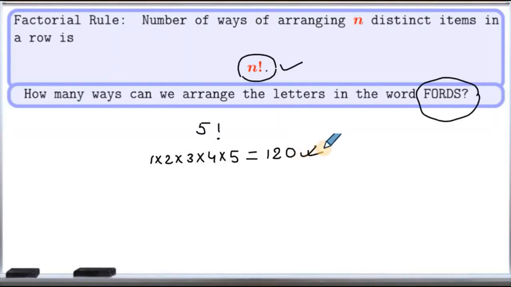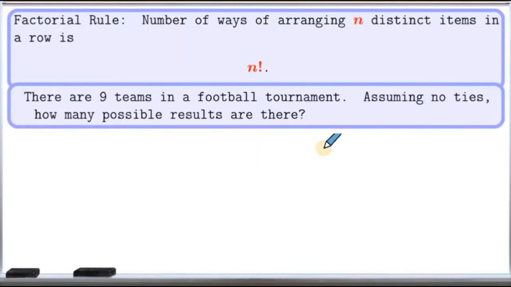So let's look at another example here. There are 9 teams in a football tournament. Assuming no ties, how many possible results are there? So n in this case is 9.